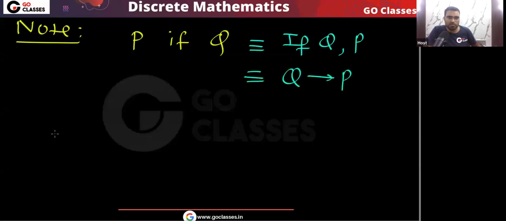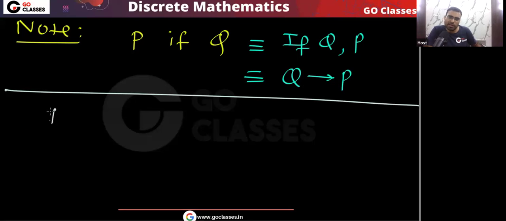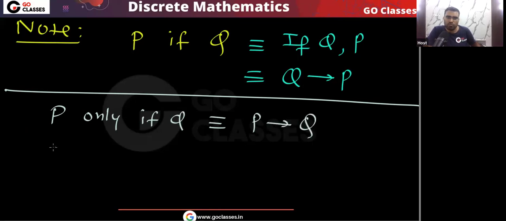Q implies P. Okay, and similarly, when you have P only if Q, then that is a simple P implies Q. Okay, so it is like this, that only if goes in the forward direction. The trick to remember, if you want to remember it, only if goes in the forward direction. Okay, yes or no? But it should be in between.